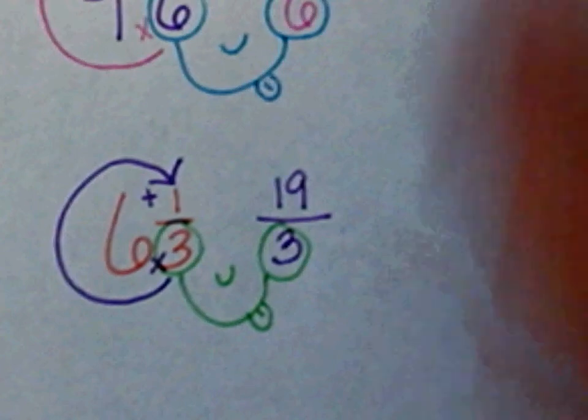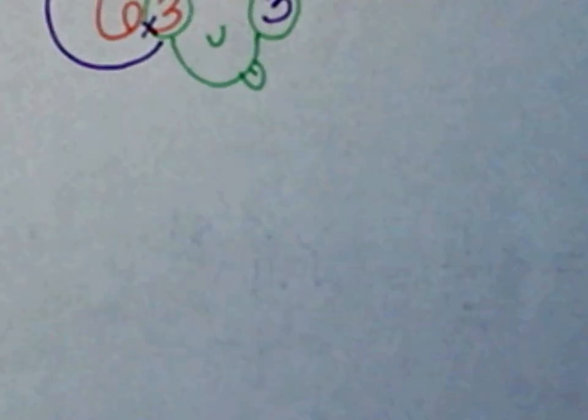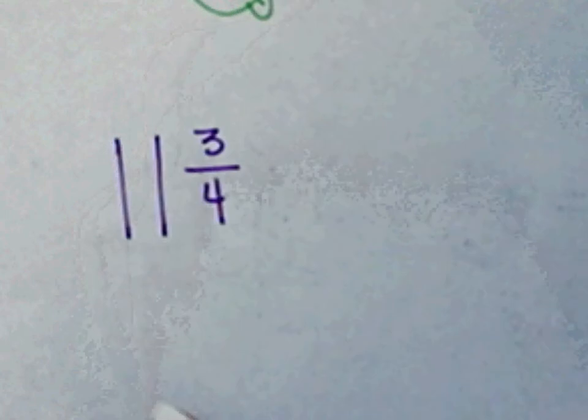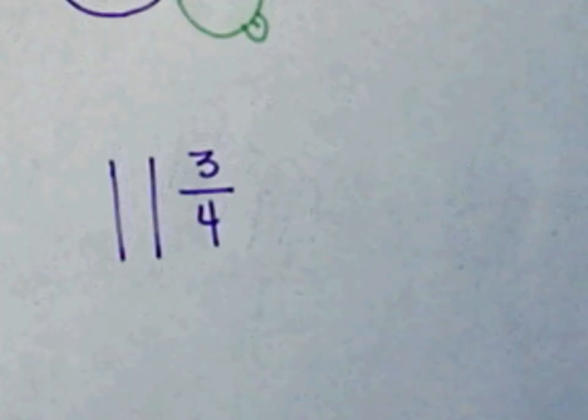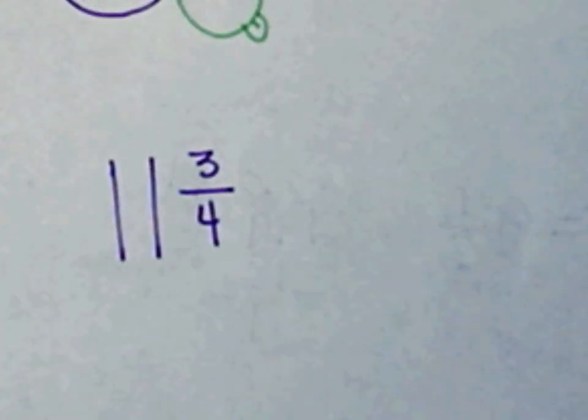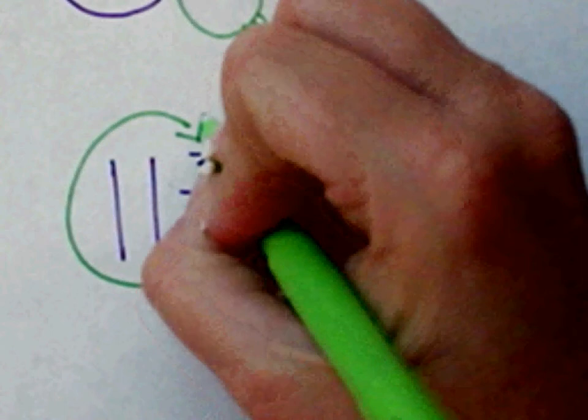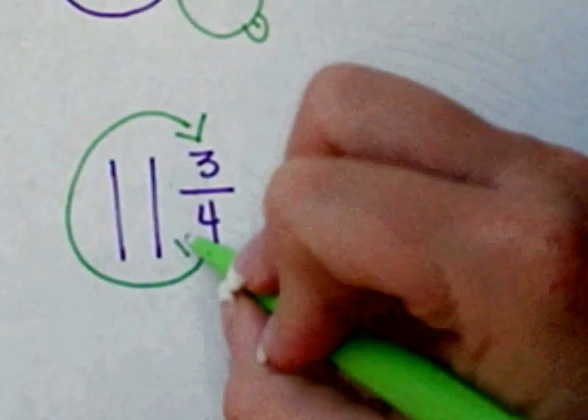Denominator is the same. Yes. Okay, let's try one more. How about 11 and 3/4? Go ahead and pause the video, come back and check with me.